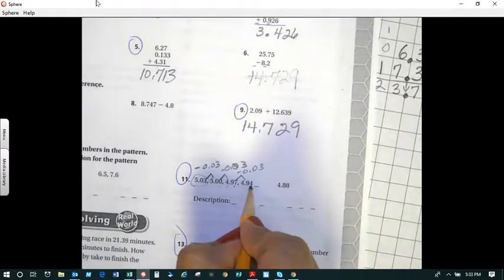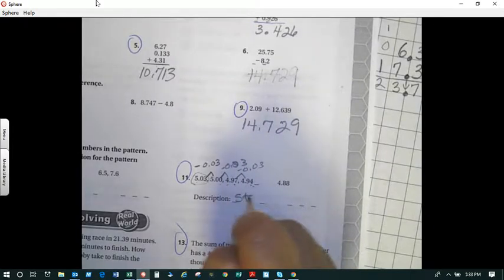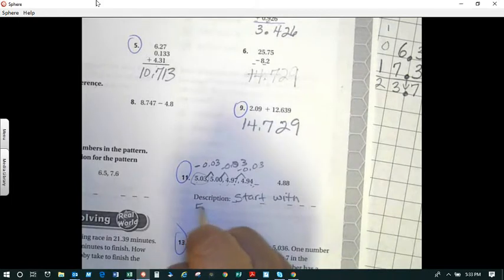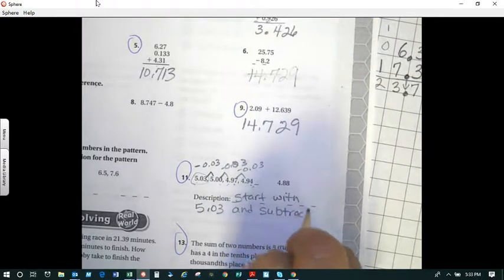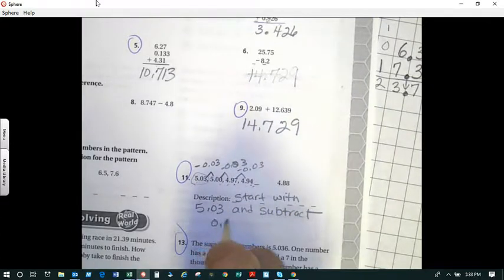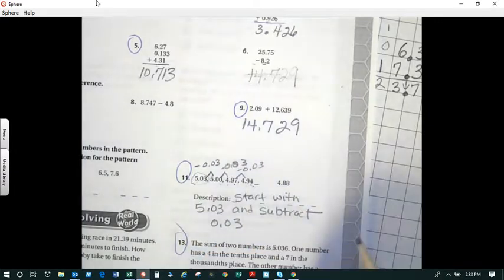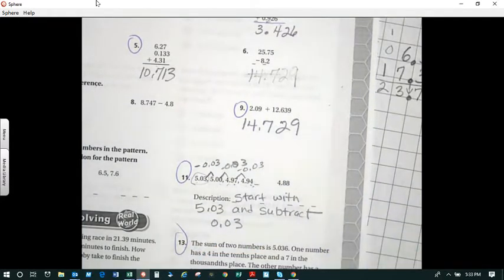Yes, it is. So I'm going to continue on. So here I start with 5 and 3 hundredths and subtract 3 hundredths. Okay, and that's what it is. You're looking for the pattern.